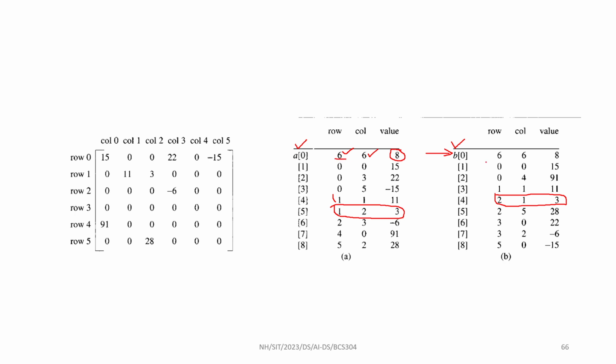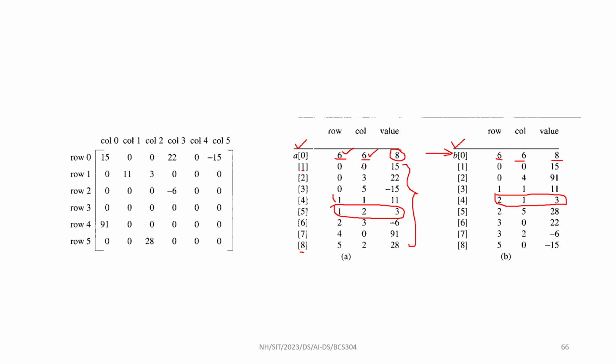The number of rows now becomes columns, the number of columns becomes rows, and the value will be the same. Now I have to repeat this 8 times because there are 8 non-zero values. I use one for loop to repeat it 8 times, from index 1 till 8: 1, 2, 3, 4, 5, 6, 7, 8.